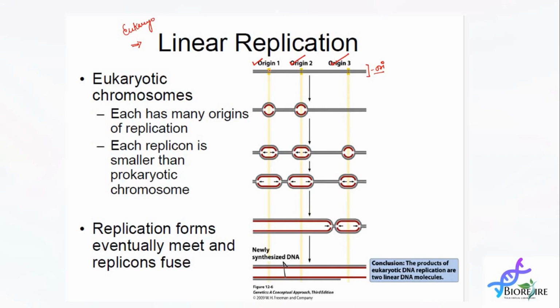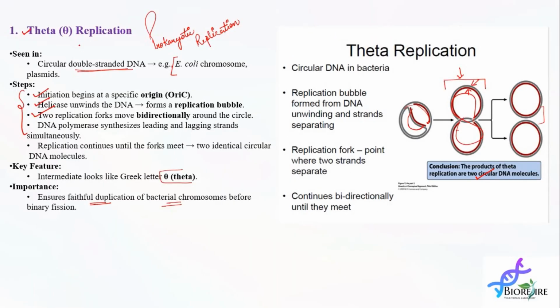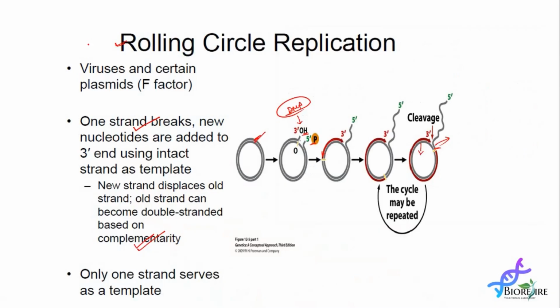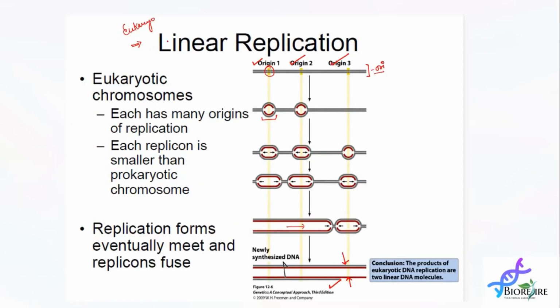On these regions, replication machinery will load and the replication fork will form, then proceed like this. New DNA will be synthesized, and this is also semi-conservative because one strand is old and one is new. These are the three main modes of replication: first theta replication, second rolling circle, and third linear.